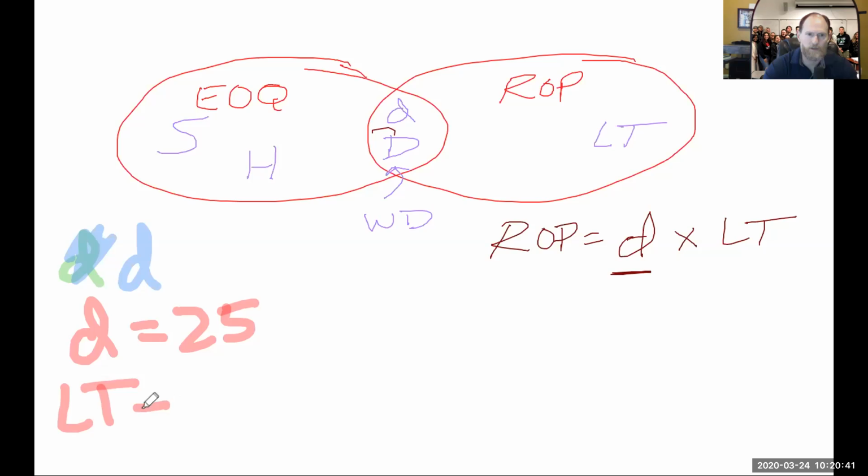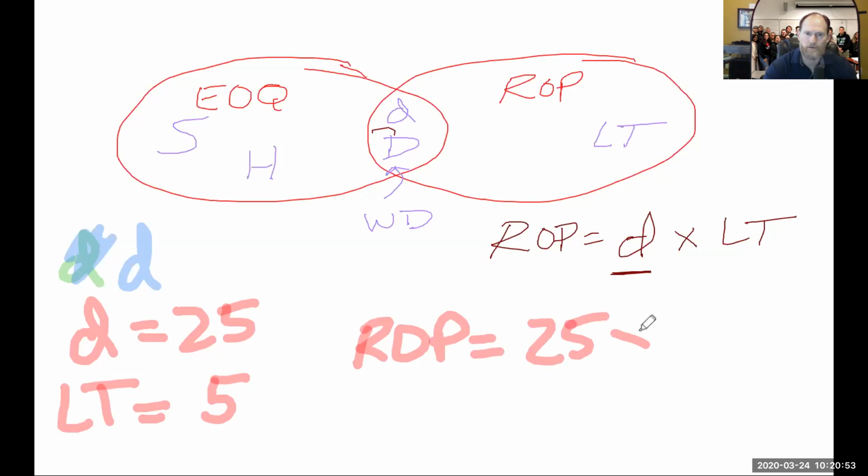That means from the time that AJ puts an order in for bats to the time that he gets the order, in our example, is 5. And so we know that the ROP is 25 times 5, which equals 125.